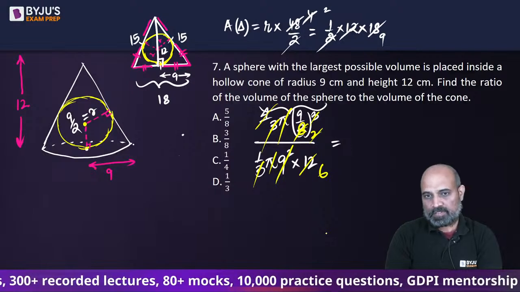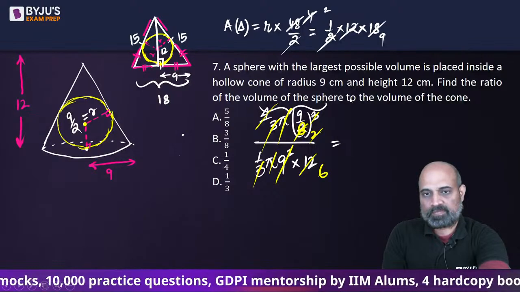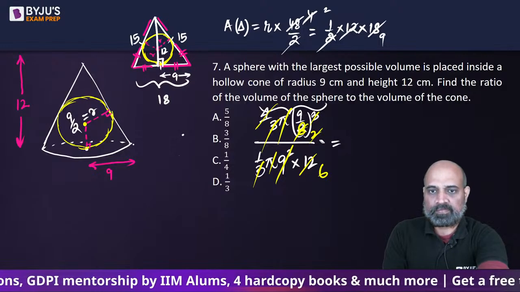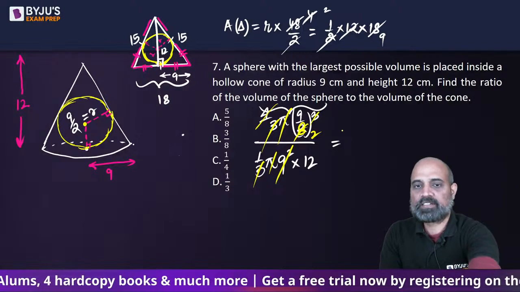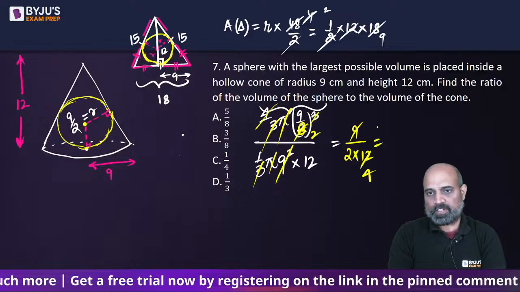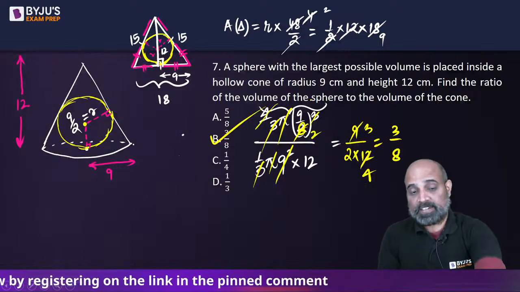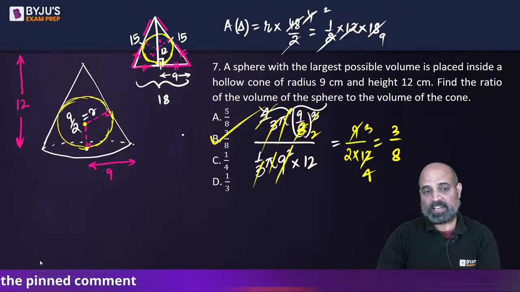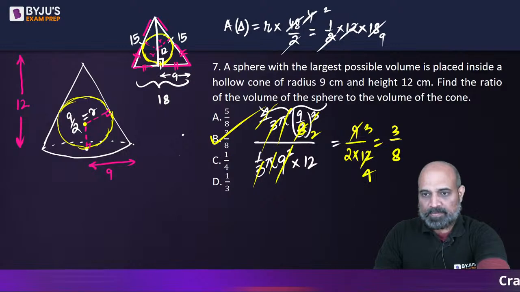Anything else left? So the denominator will have it. So this is going to be 9 by 2 into 12. 3 further goes away. So we'll have 3 by 8. Such a silly mistake. 12 was not the slant height, but it was actually the basic height, as in the standard height.